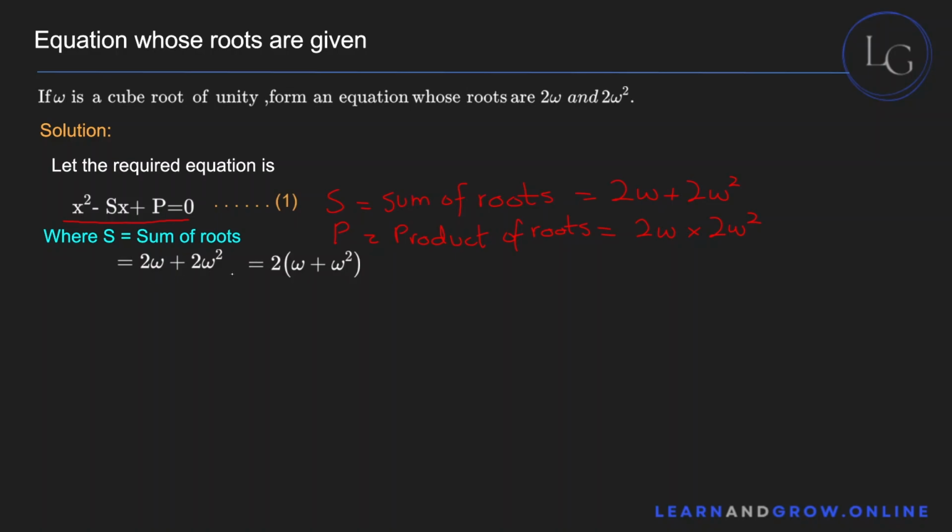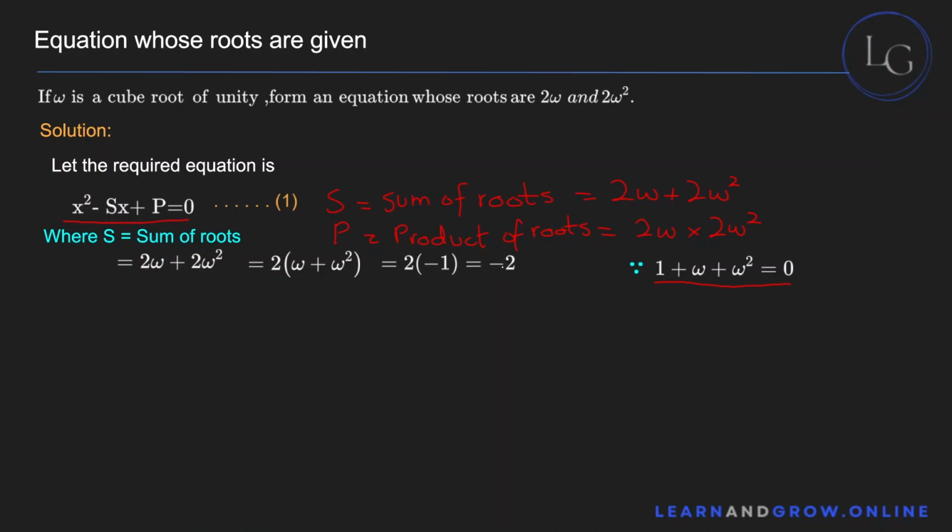Now this is the sum of roots, and when you simplify it, taking the 2 as common, you get 2 into omega plus omega square. And now look at this. This is something you'll have to remember: 1 plus omega plus omega square is equal to 0. Now, there is a proof for this, but we're not really concerned with that, so just go with it.